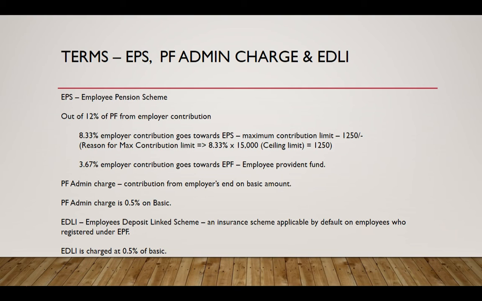The contribution towards EPS is limited to 1250 rupees, which is the maximum contribution that can go into the employee pension scheme. The reason for the limit is the ceiling defined by the government. So 8.33% of 15,000 is 1250.